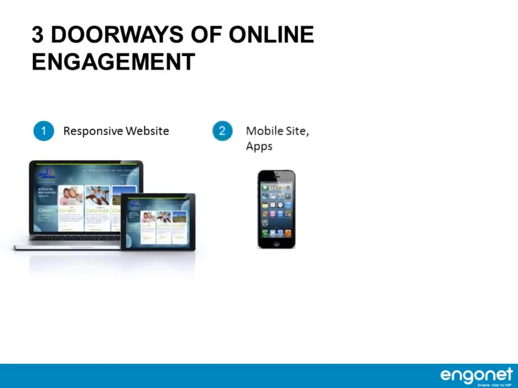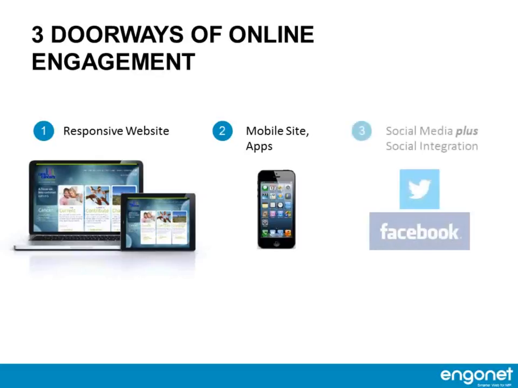But increasingly, mobile sites are an important way where people will find you for the first time. And if their experience is poor when they find you on a mobile site, they're not going to give you the time of day. There are too many other not-for-profits or competing interest areas for them that do have capability in this area that they can engage with. And finally, social media.